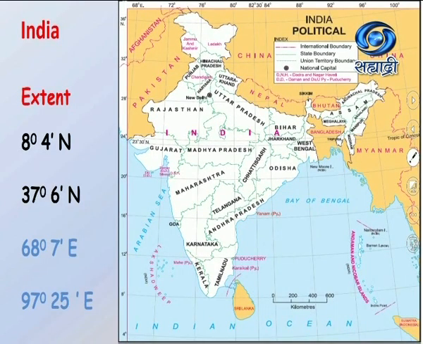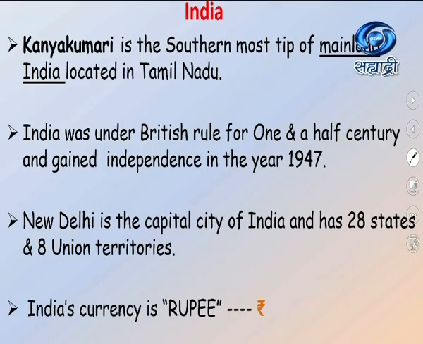Now let's see where is Indira Point. Indira Point is located over here, which is the southernmost tip of India. And the southernmost tip of mainland India is Kanyakumari, which we find over here. Kanyakumari is located in Tamil Nadu.